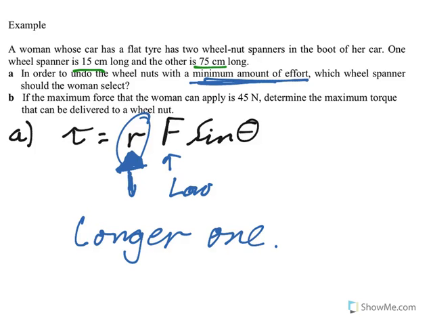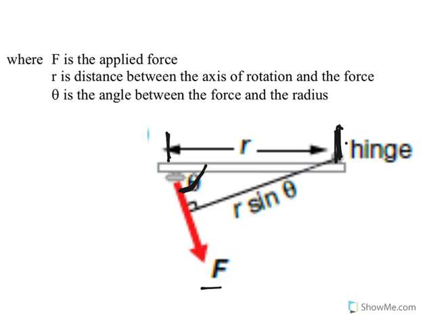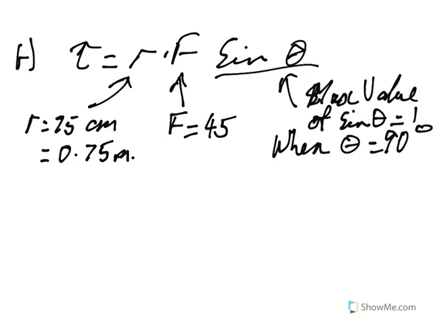Because if we go back here, one more, see how this one here, the angle's not at 90 degrees, so when we break this up into components, the green component's trying to push this way, whereas the orange one's pushing that way to rotate. So we want 90 degrees.